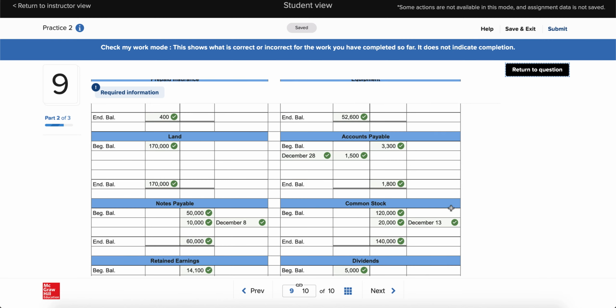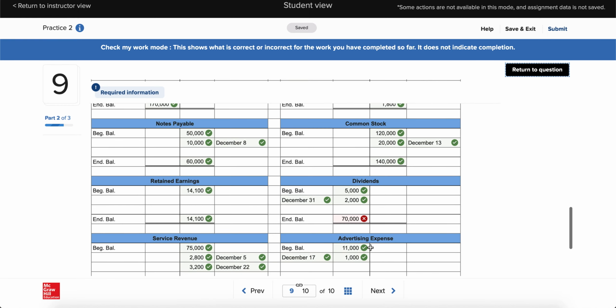I'm just comparing my numbers to what's on the screen from the journal entries and make sure I did not bring a number through incorrectly and did not post a total the way I should have. 60,140. Here we go here. I put an extra zero.